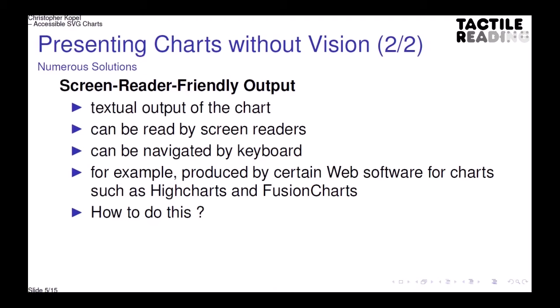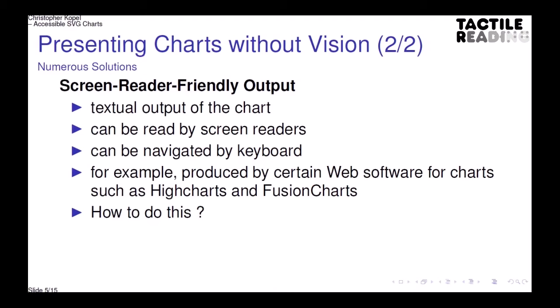For example, there are certain web programming frameworks, so-called charting libraries, which can be used to automatically generate charts from data. And some of these charting libraries also include some accessibility features, for example, the library Highcharts or the library FusionCharts.